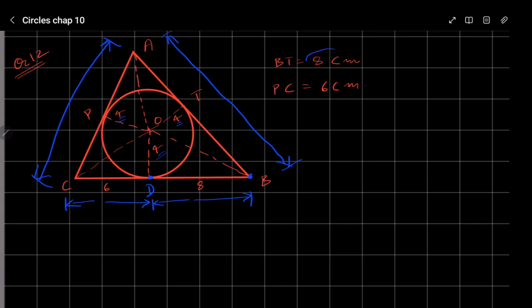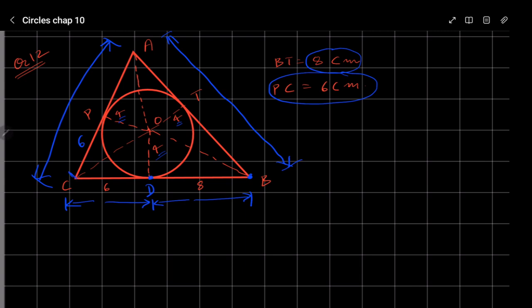So we can say that BT is 8 centimeter because it is same as BD. Similarly, we can say that PC, this distance, is equal to CD, which is 6 centimeter. So PC is equal to 6 centimeter.